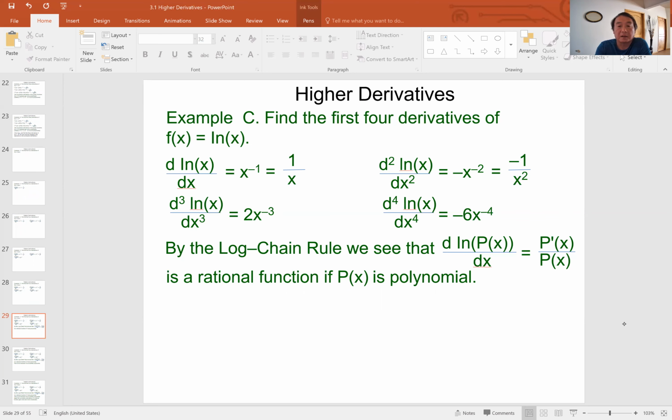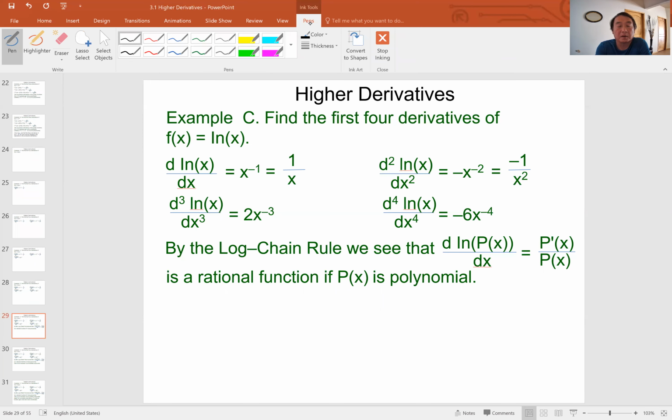In general, if I take log of u, where the argument is a polynomial, then the derivative using the chain rule is u prime over u. And u prime is another polynomial in this case.